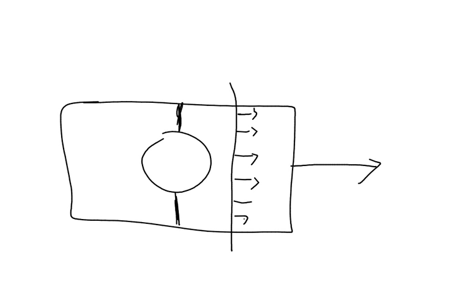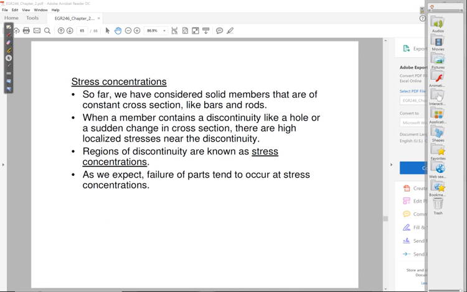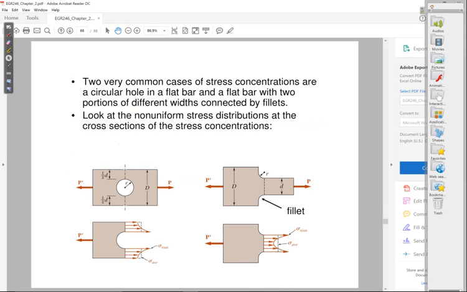In fact, if you were able to measure that force distribution, and now there are ways of doing so, you would see something like this. This is for a hole. See this bottom left figure here?